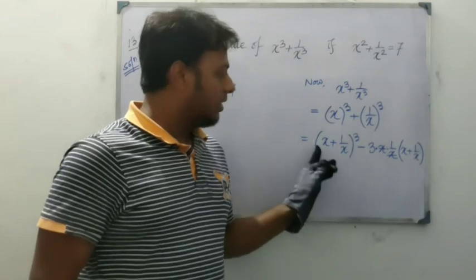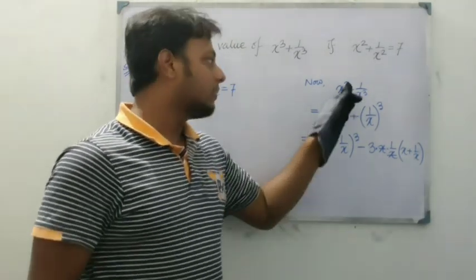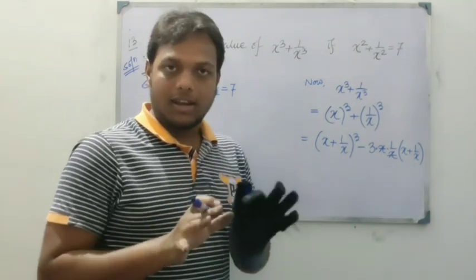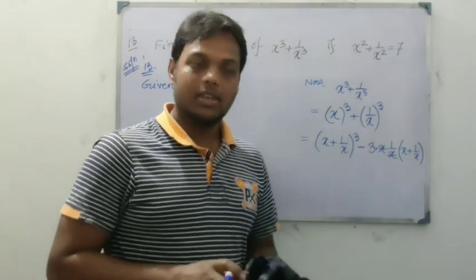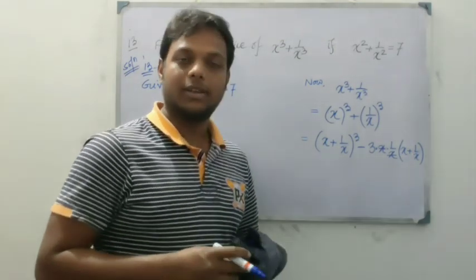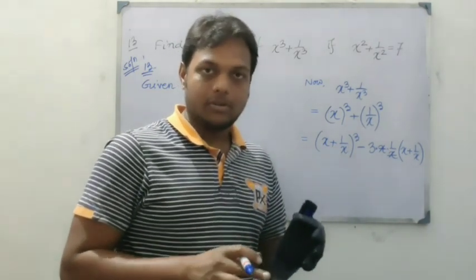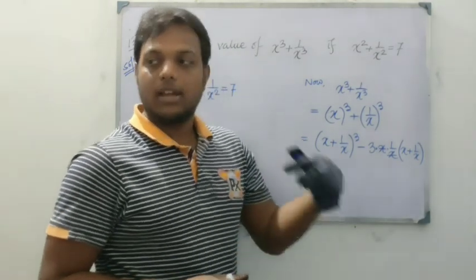If we have the value of x plus 1 by x, then easily we can compute x cube plus 1 by x cube. So our target now is to compute x plus 1 by x, and we will compute it from the given.